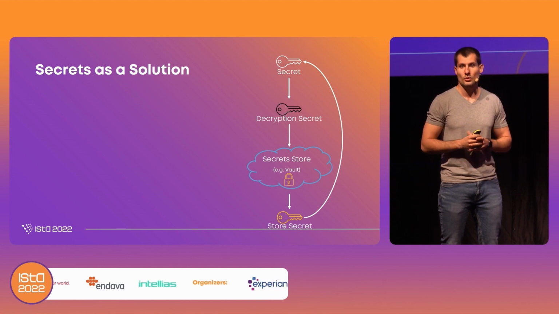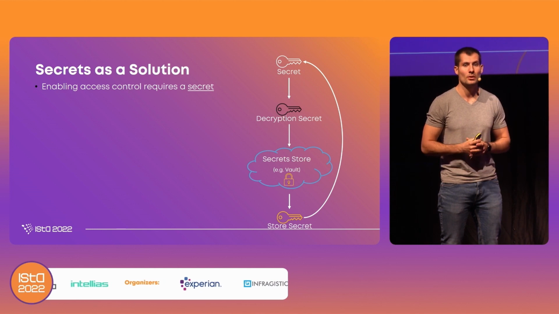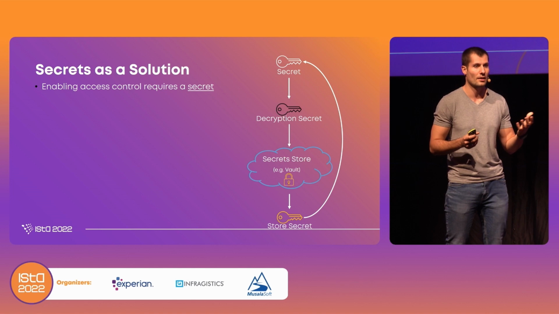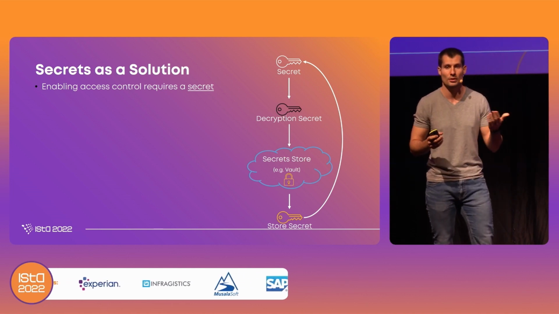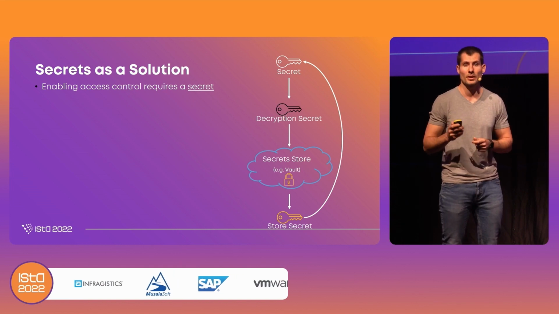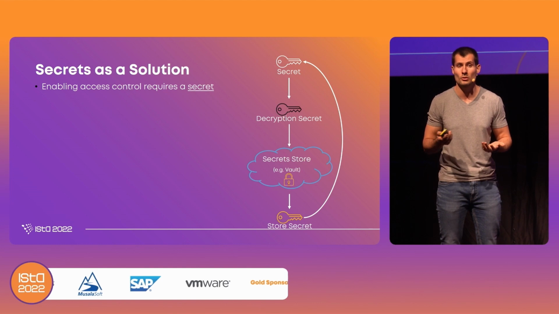What is the challenge with those secrets? Well, first of all, we invent and create them to enable certain access control, the same way I have a username and password and use it to authenticate to some provider. OK, we created this secret. However, since it's sensitive information, we want to protect it.